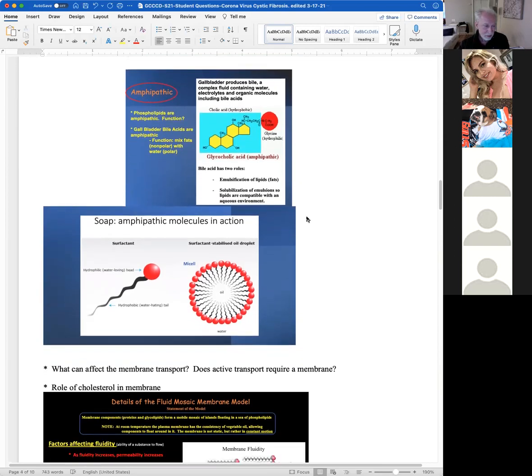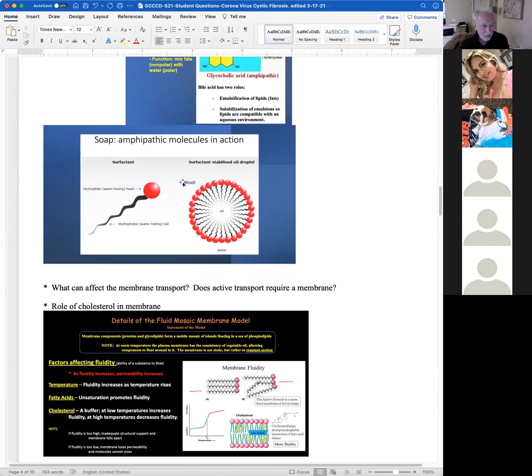Okay, then soap. We talked about soap, how when you wash your hands, an amazing thing happens. Soap molecules are amphipathic. They have a long chain, a nonpolar tail, and a hydrophilic head.